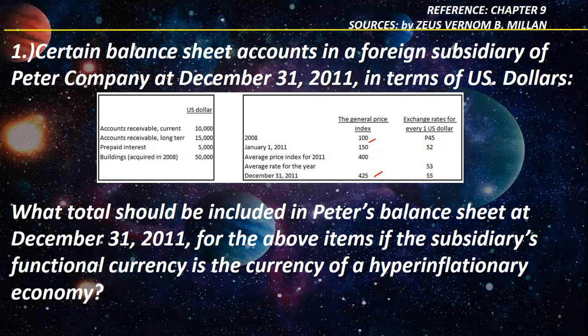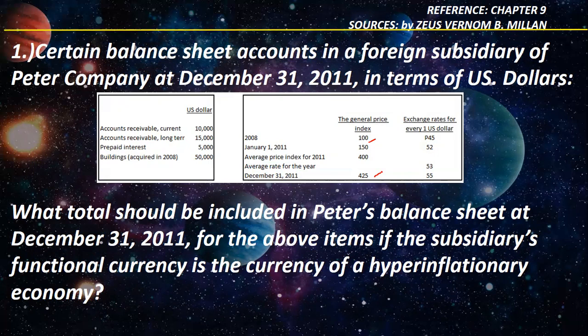How do we compute if we really exceed 100% over the 3 years, 2008, 2009, 2010, 2011? Simply, we get the difference between the December 31, 2011 price index, which is 425, less the 2008 price index. So the increase is 325.